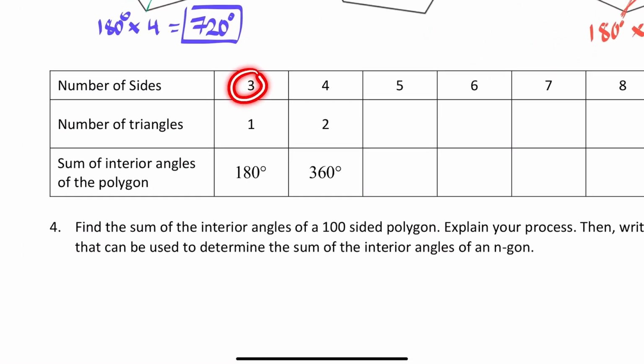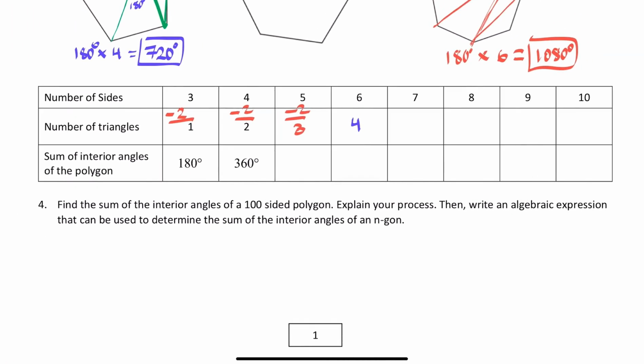if you're given 3, there's only 1. That's a triangle. If you're given a square or something that's 4 sides, it is 2. Every single time, there is a subtraction of 2 going on. So you can imagine this is 4 when you subtract 2. This is 5.